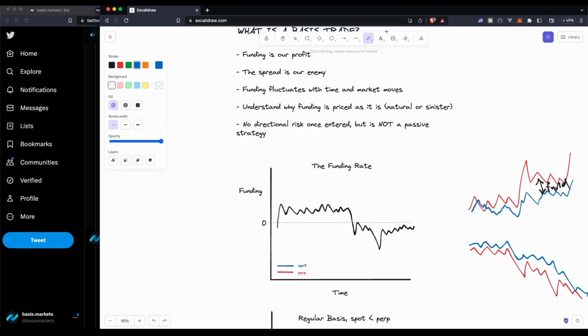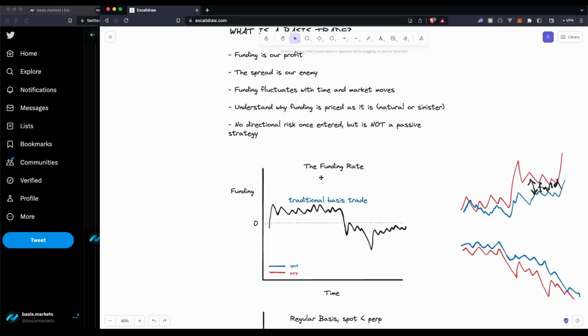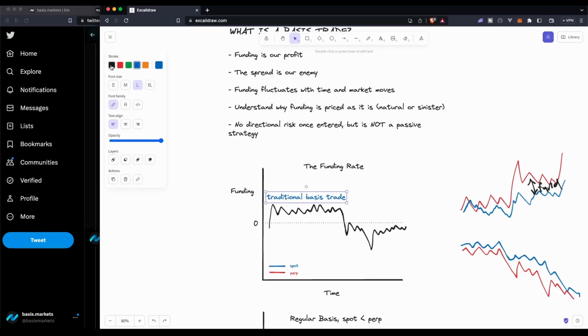So if we sum that up here, we would be in a traditional basis trade when funding is positive over here. And then down here, we would be in a reverse basis trade. So that's where we're starting off. We'd be in a traditional basis trade when funding is positive, and when funding flips negative, a reverse basis trade.